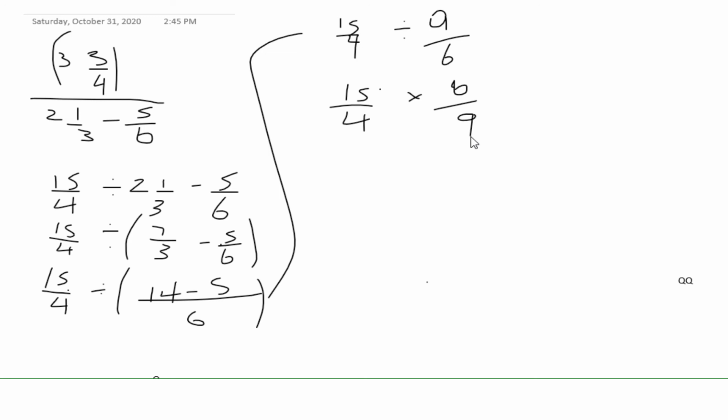And we can simplify, we can say 2 into 4 goes 2, and 2 into 6 goes 3. 3 into 9 goes 3, and 3 into 15 goes 5. So that gives us 3 5s are 15, and 2 3s are 6.